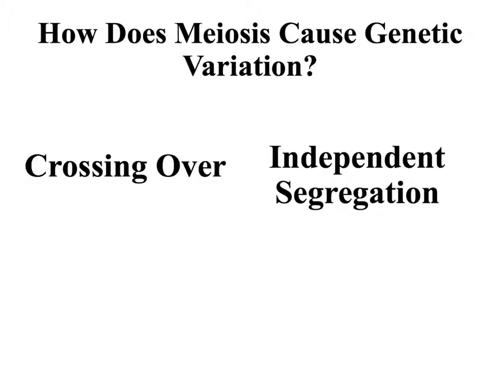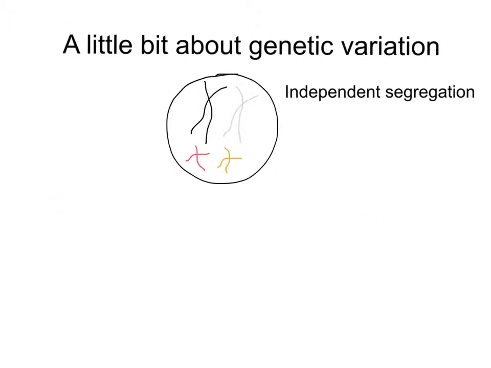Let's quickly look at how meiosis causes genetic variation. There's 2 ways: crossing over and independent segregation. Independent segregation, here we've got 2 homologous pairs of chromosomes. This time I've just drawn them slightly different colours so that you can visualise the two pairs.